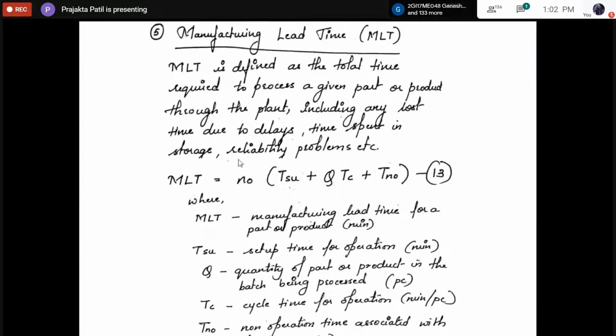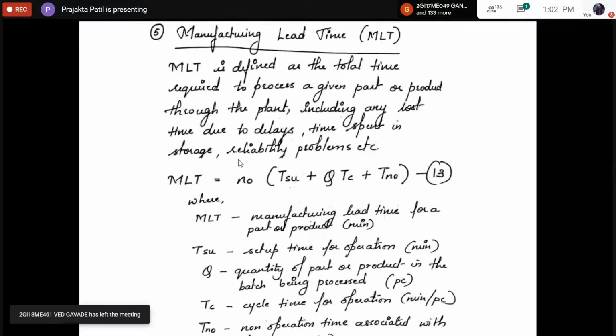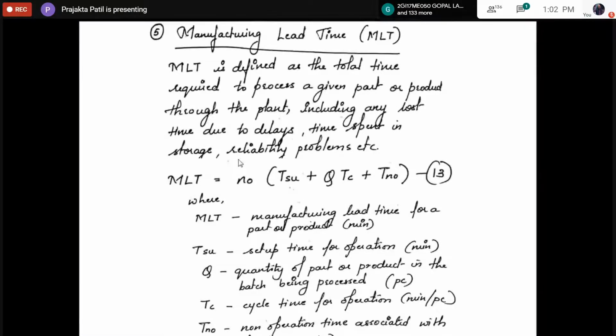So please write down: N naught is the number of separate operations, the number of operations through which the work unit is routed.